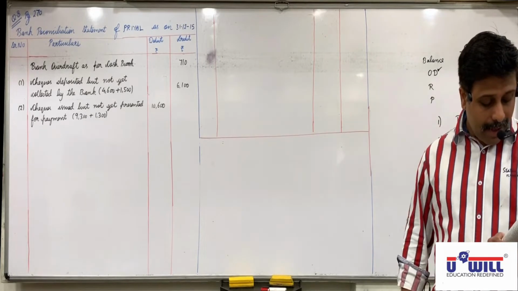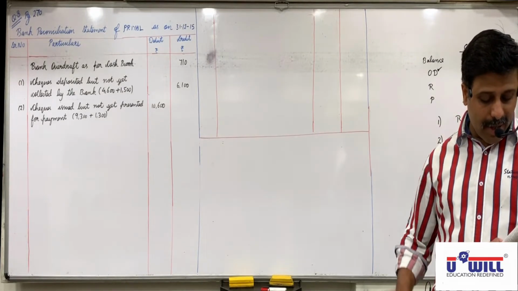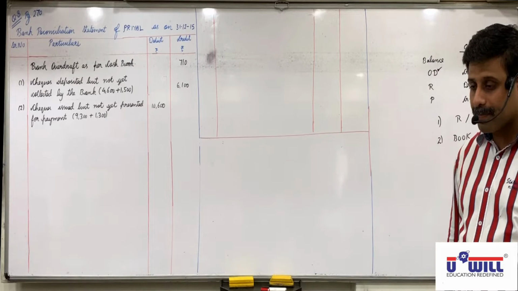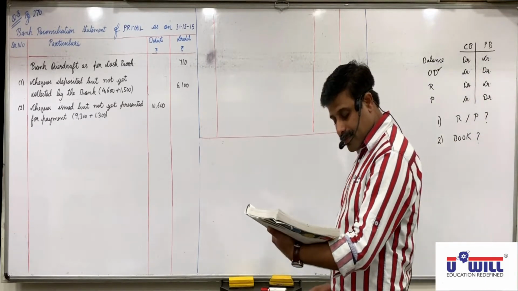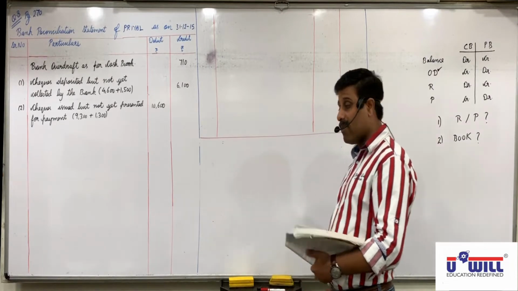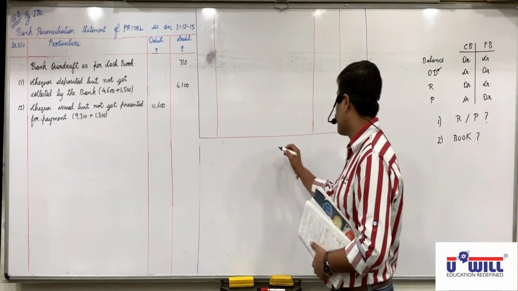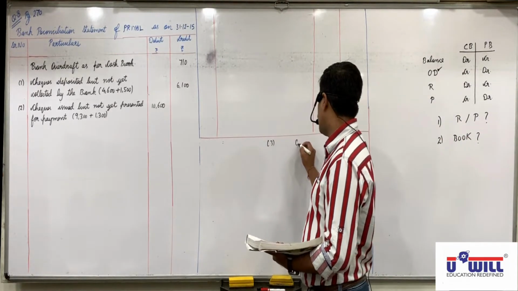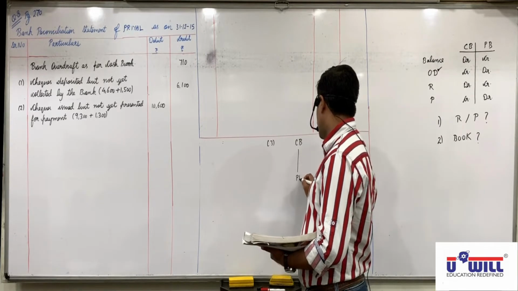Next, interest of 400 credited by bank in passbook is recorded on the payment side in cash book by mistake. One more rectification, see here. Cash book, passbook.